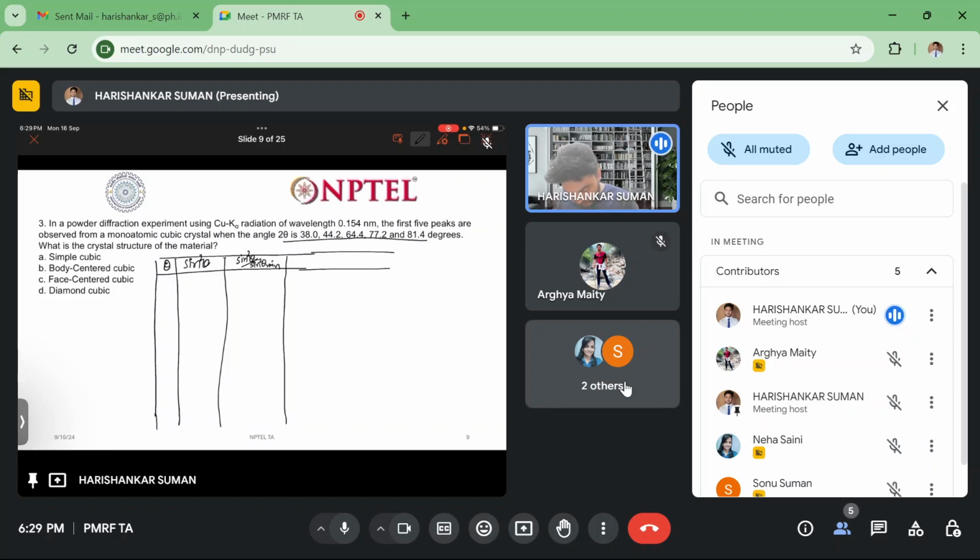So let's find theta. The 2 theta values given are 38, 54.2, 64.4, 77.2, 81.4. The last one, 81.4, gives theta 40.7.